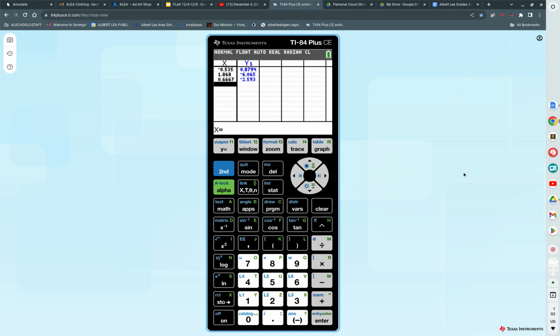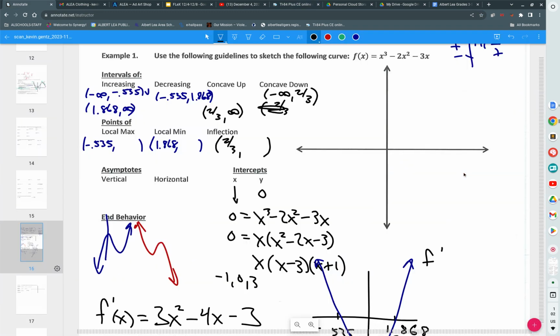As I enter those, I now have y values. My y values are 0.88, negative 6.06, and then what was the output for 2/3? Negative 2.593. Negative 2.59.